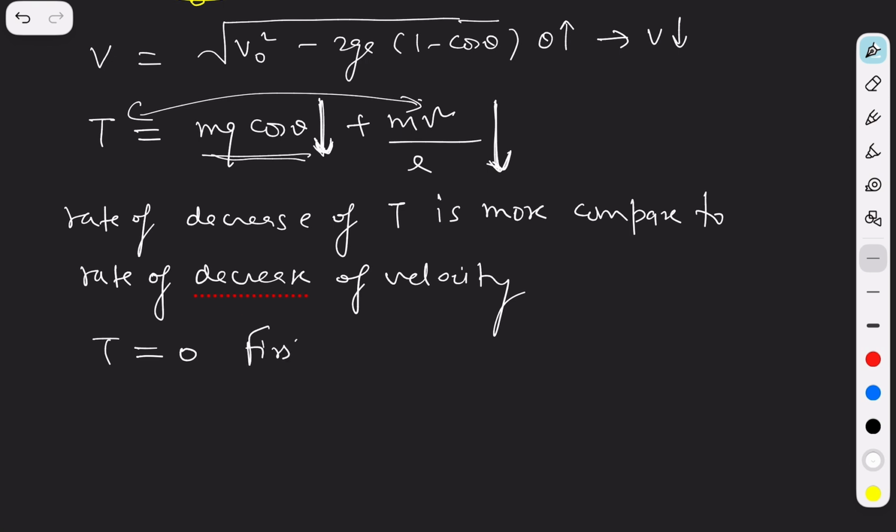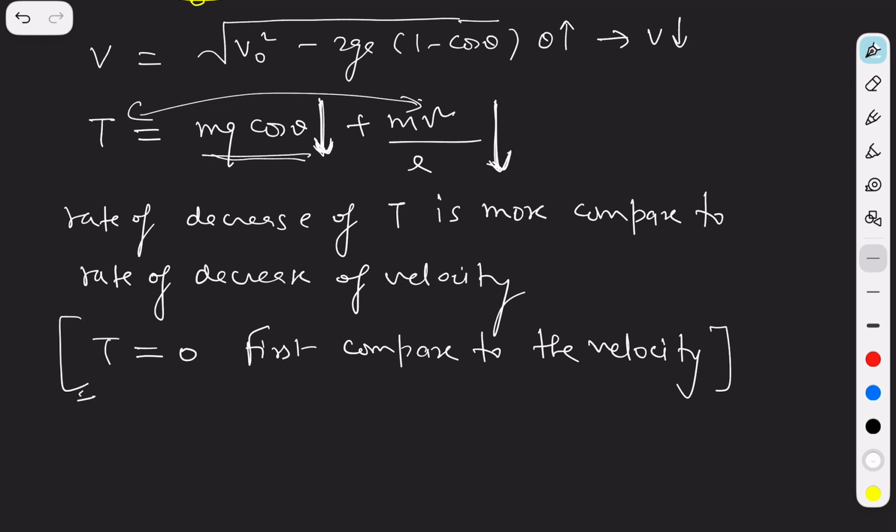It means that we will see the string become slack earlier, and velocity will be non-zero at that moment. What does it mean, guys?